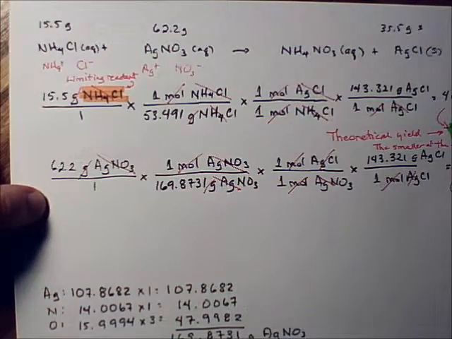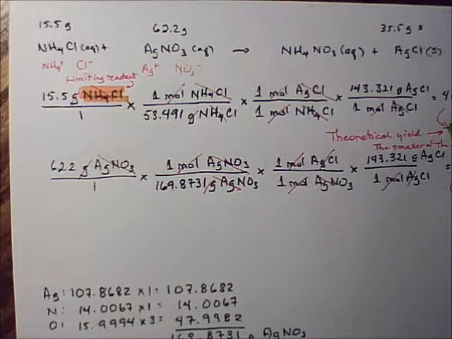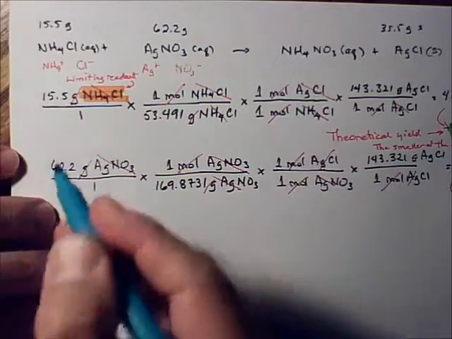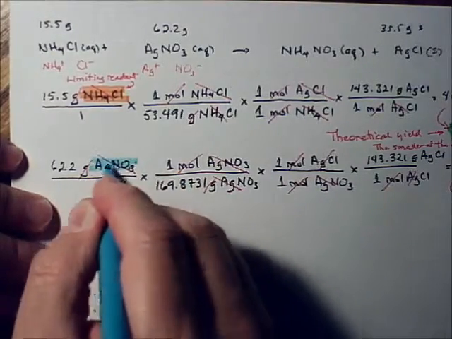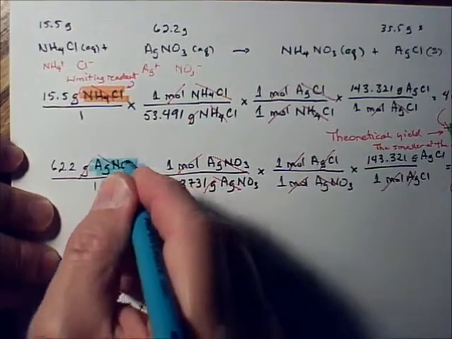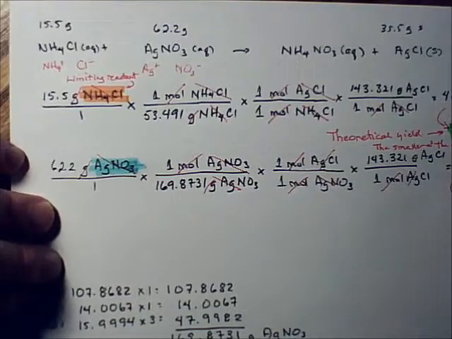The other chemical we started with, the one that didn't give us the theoretical yield, that is the excess reactant.